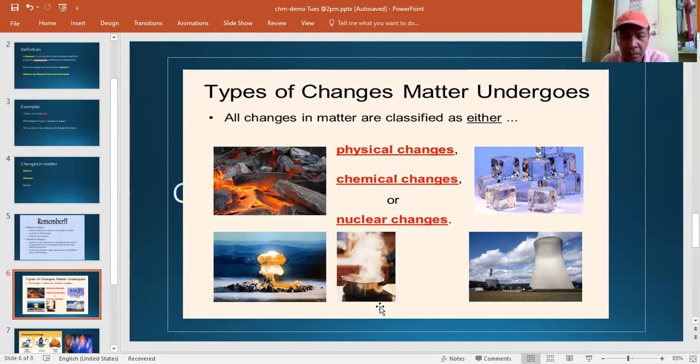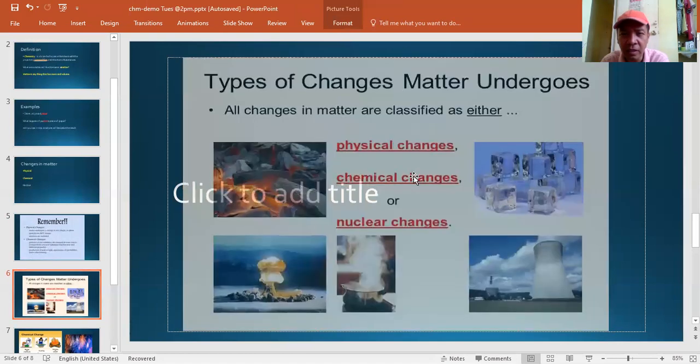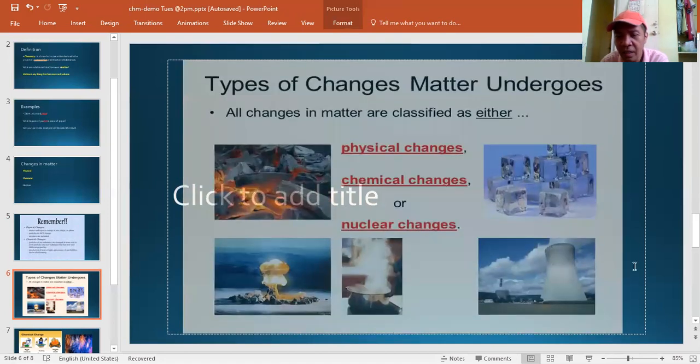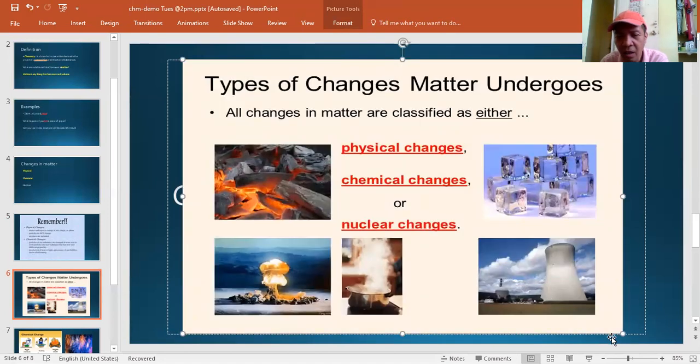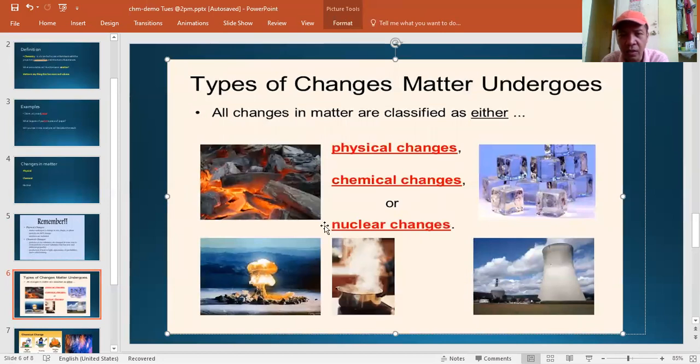The atomic bomb in Japan, for example, that is nuclear change. Before, there were only two. But because of new discoveries, nuclear change is also a form of change. It's one of the forms of change.